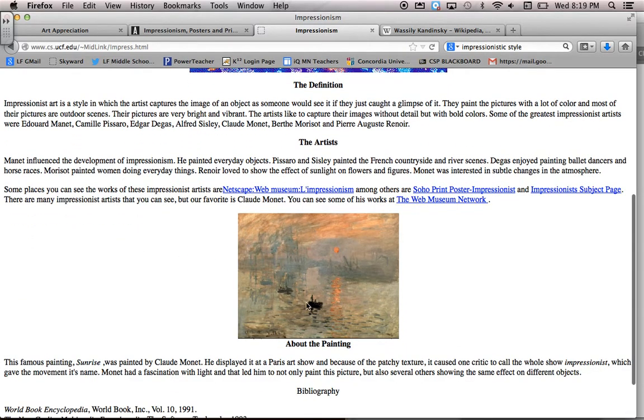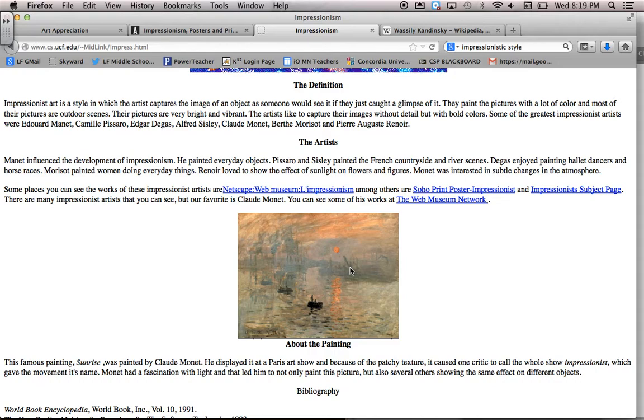Like this example here, a painting called Sunrise. Thirty minutes later, as Claude Monet is sitting there, the sun is going to be in a different place. But he was taking a snapshot, setting things out, and then coloring and painting it how it looked for that time. It says Monet influenced and developed Impressionism. He painted everyday objects.